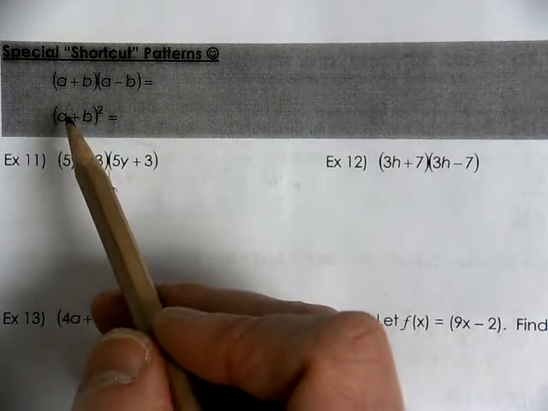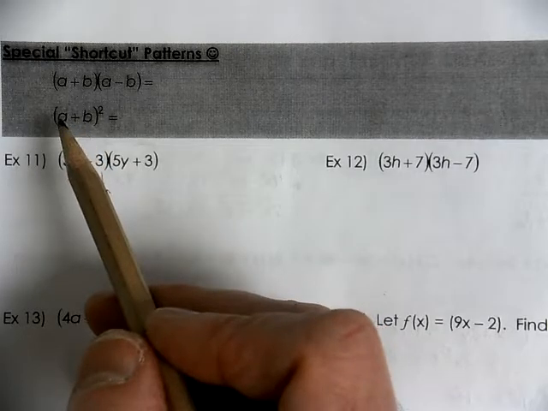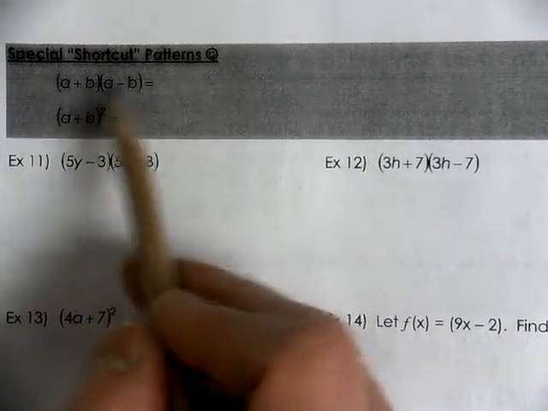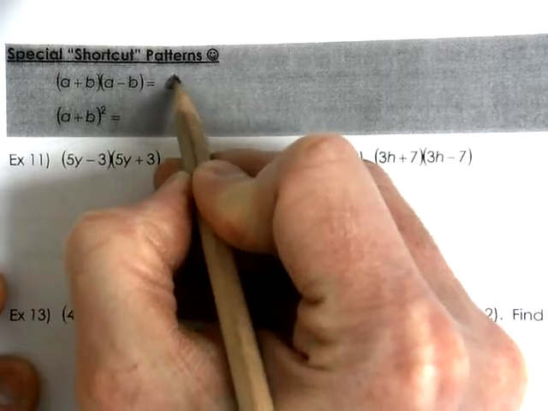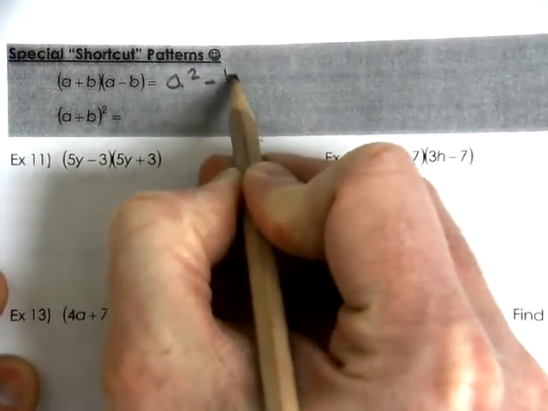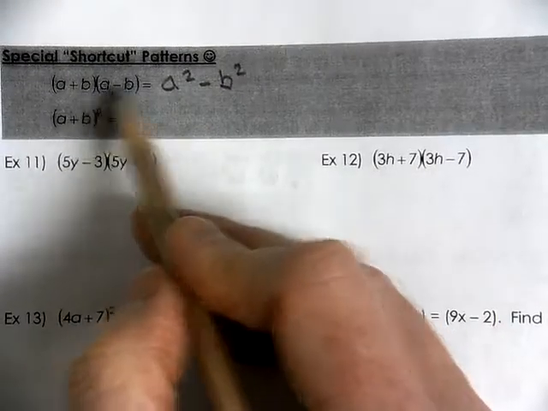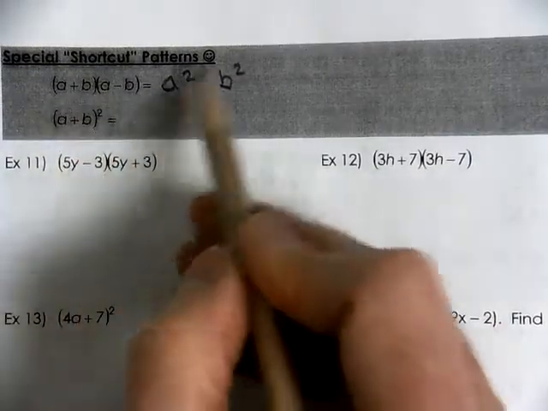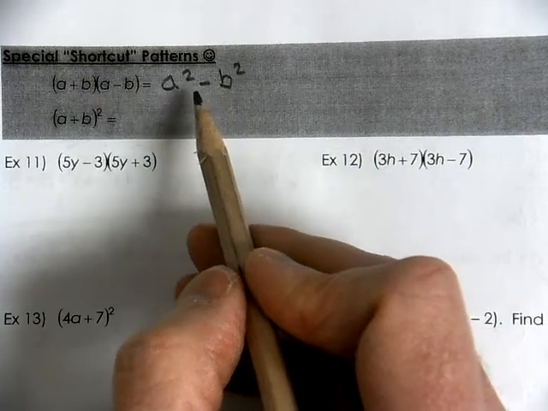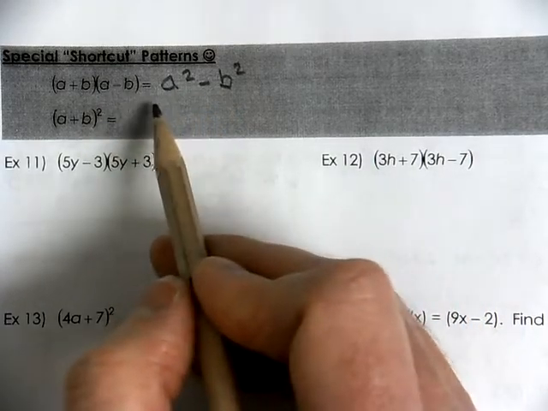It's the same exact patterns as when you were factoring. Here you have 2 conjugates. So with 2 conjugates, when you multiply them out, you're going to have the middle terms cross out. So this is just going to be a squared minus b squared. The middle terms are going to cross out in conjugates.